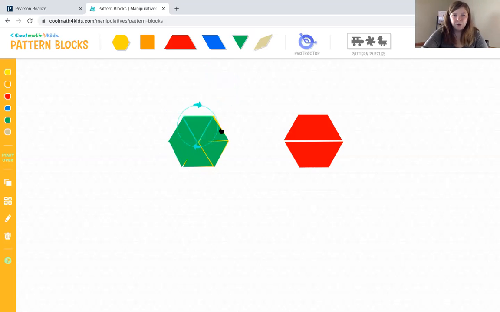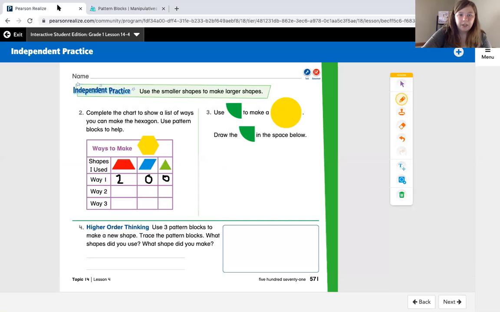But I used 1, 2, 3, 4, 5, 6 green pieces to make our bigger yellow piece. I didn't use any other colors. So 0 red, 0 blue, and 6 green.